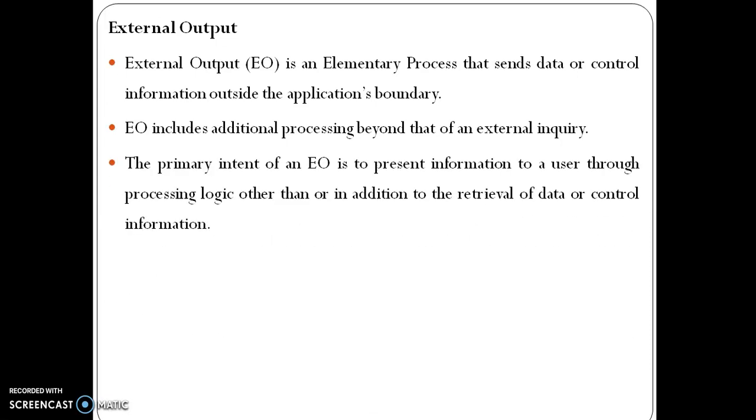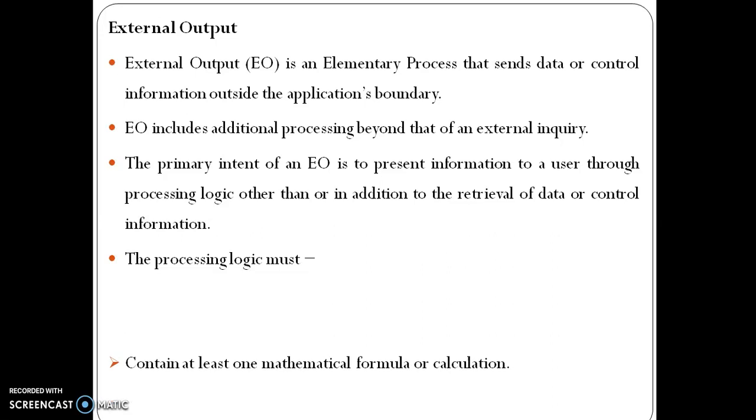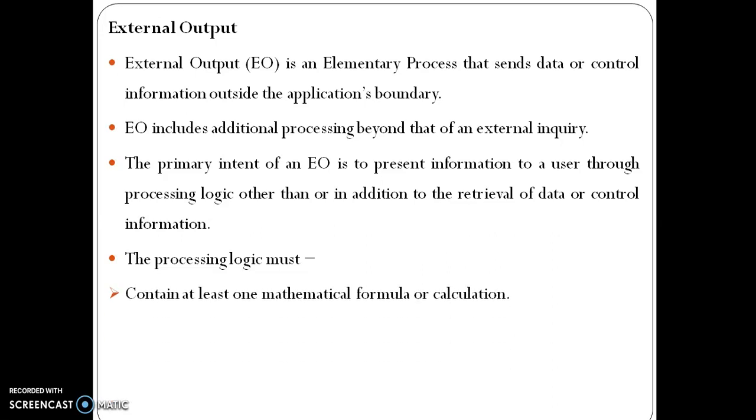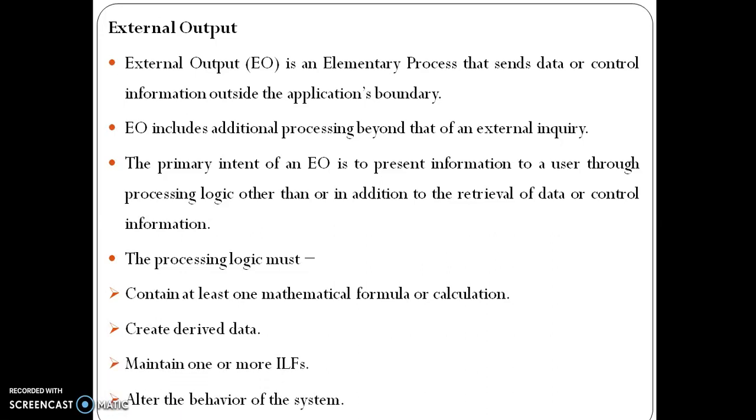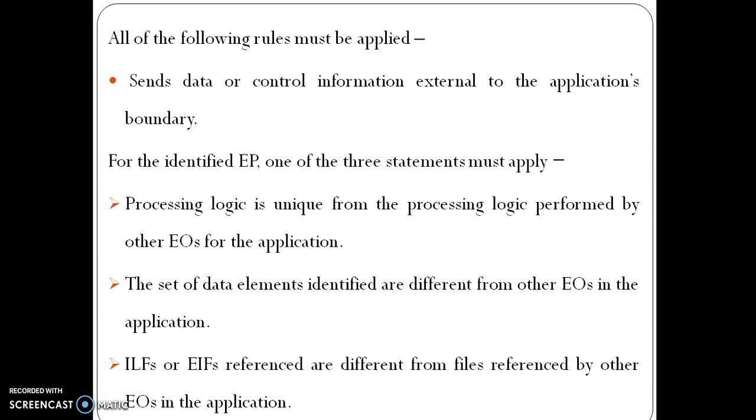The primary intent of an EO is to present information to a user through processing logic other than or in addition to retrieval of data or control information. The processing logic must contain at least one mathematical formula or calculation, create derived data, maintain one or more ILFs, or alter the behavior of the system.